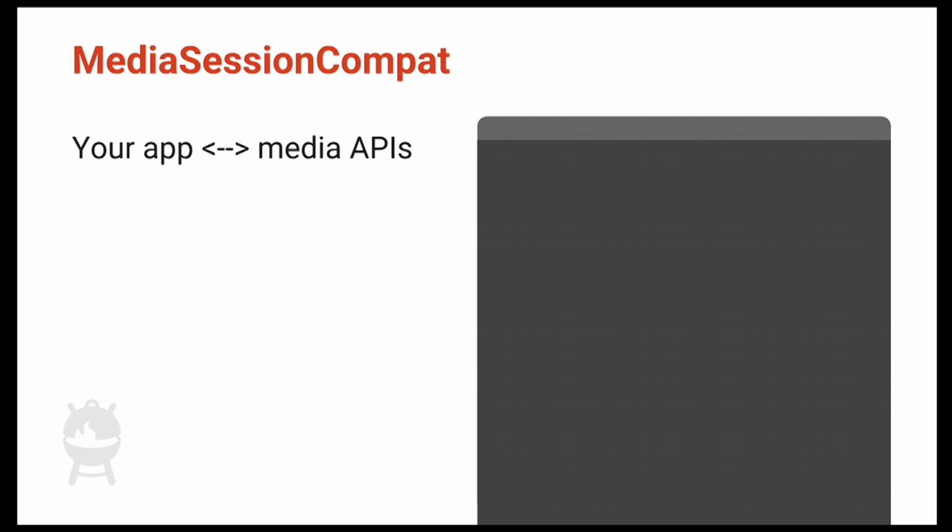So all of the things that we're going to talk about shortly are all tied into this one object. Now, the nice part is that this object, even though it was built in API 21, auto-translates to older APIs. So if you ever used RemoteControlReceiver and other things we won't mention, those deprecated APIs, you don't have to use them. MediaSessionCompat will automatically do the right thing for you.